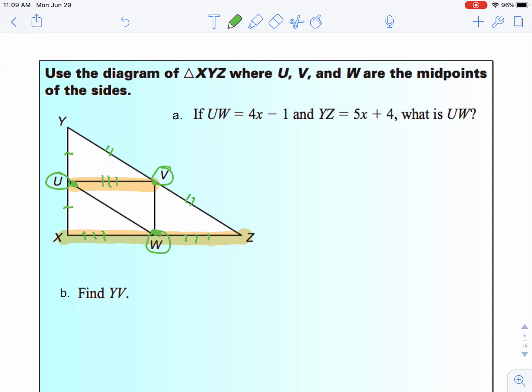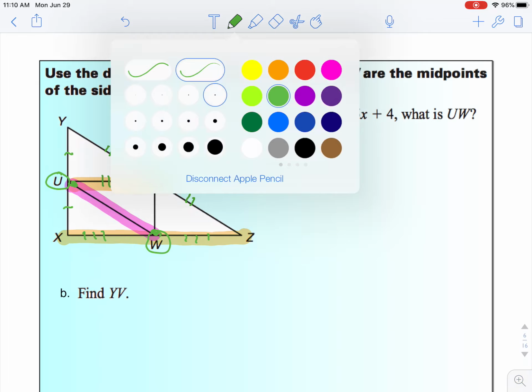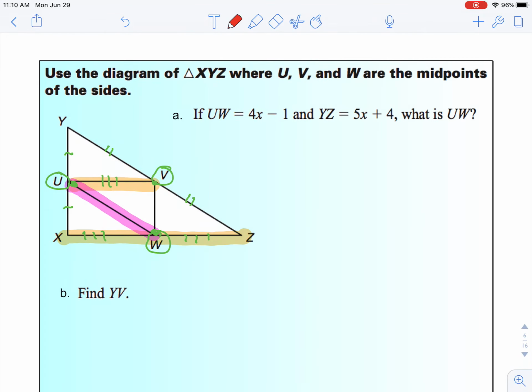So again, that's just overall what's happening here. So now let's see what the question asks. It says, if UW, so we're looking at this mid-segment now, if UW right here is 4x minus 1 and YZ, so this whole segment right here is 5x plus 4, what is UW?